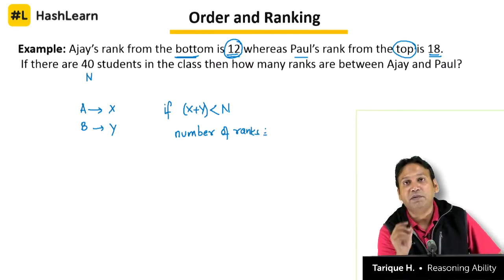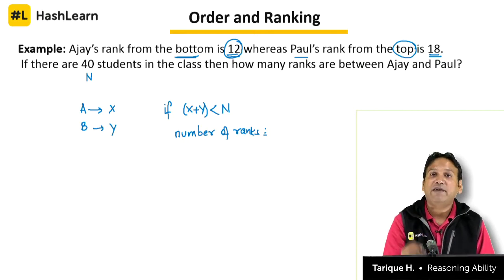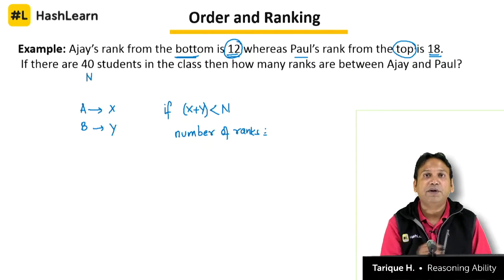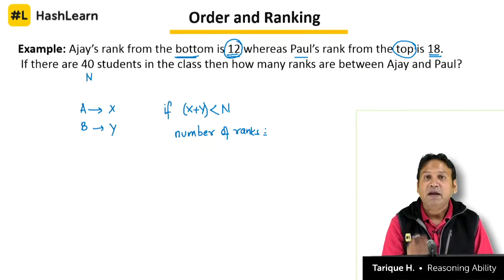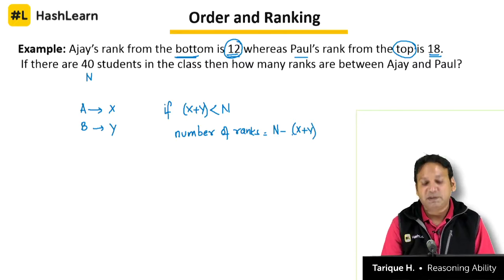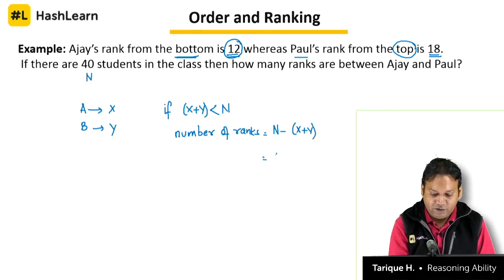When the rank of one person from the top, the rank of the other person from the bottom and the total number of students are given to you, we don't need to draw anything, we directly get the answer. If X plus Y is less than the number of students, then the number of ranks between them is equal to N minus (X plus Y). So in this case, 40 minus (12 plus 18), that is 40 minus 30, and the answer will be 10.